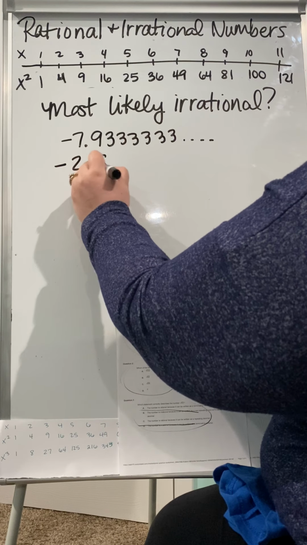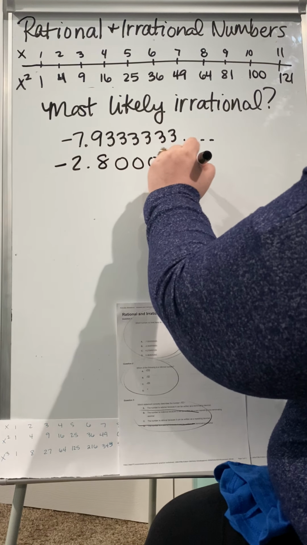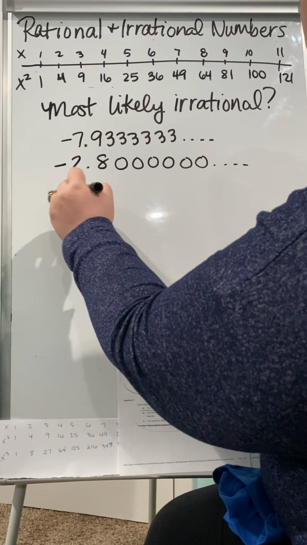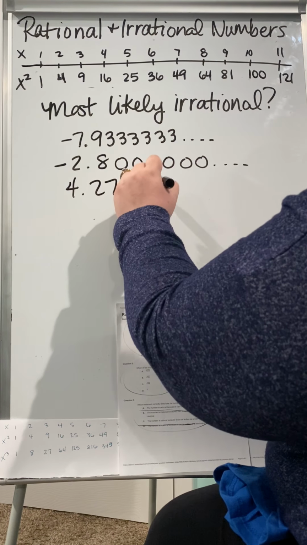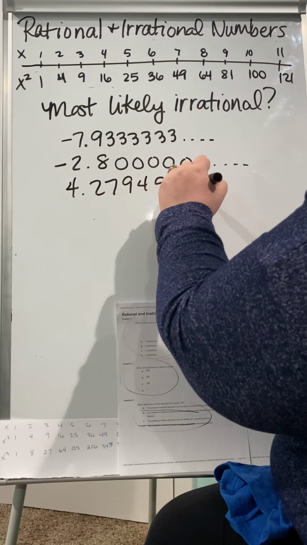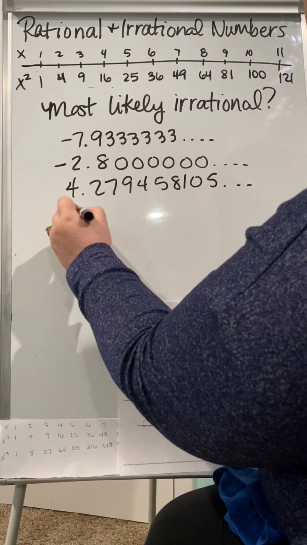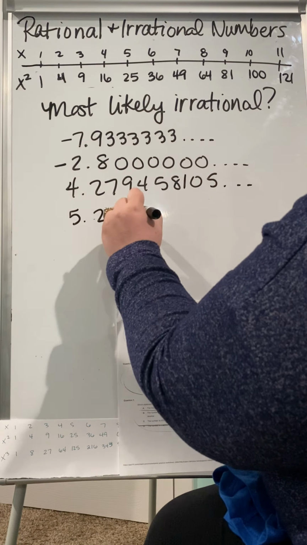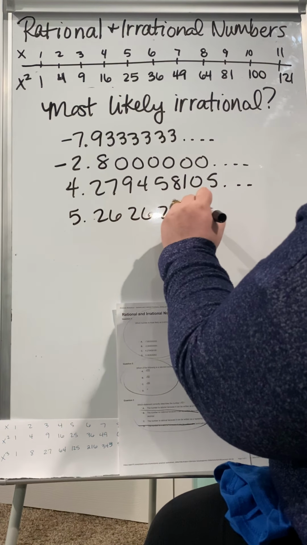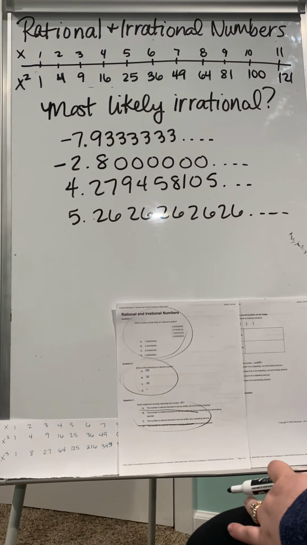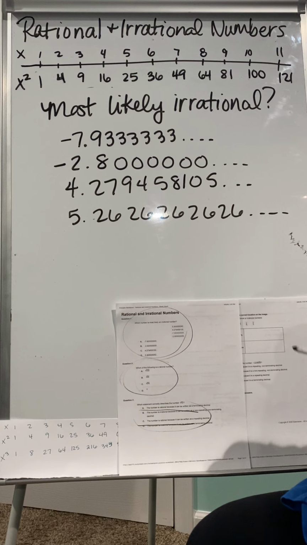Negative 2.8000000, on and on and on. 4.279458105. Or 5.2626262626. Which one of those do you think is irrational?